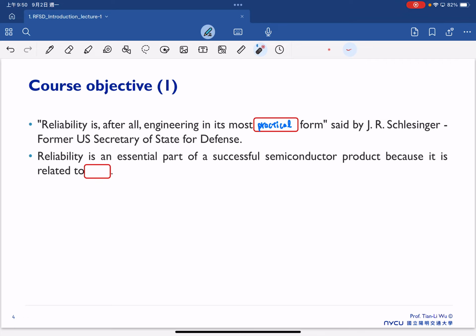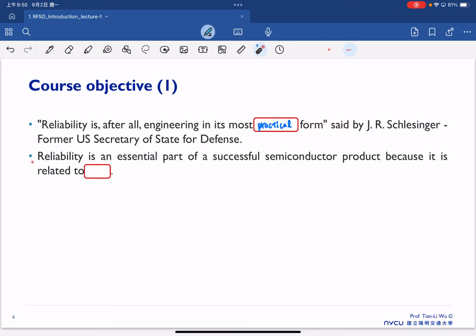So anyhow, reliability, if you consider engineering, is the most practical form, because it's not purely theoretical, not purely about the design, because we need to make sure that the reliability is in the spec, and then once we use this product, we won't face any issues here.